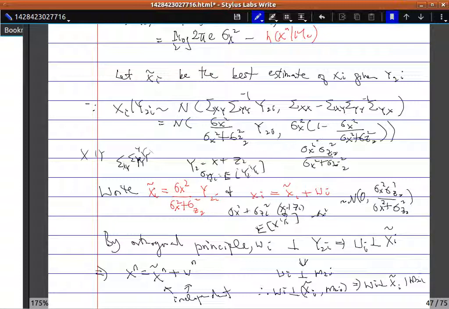So if we rewrite that, eventually we have the variance is just equal to this.